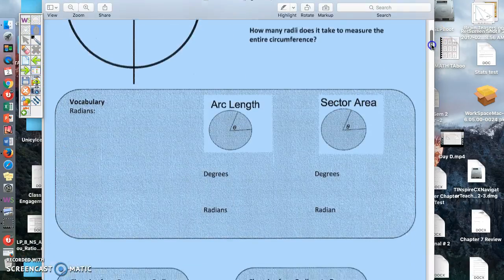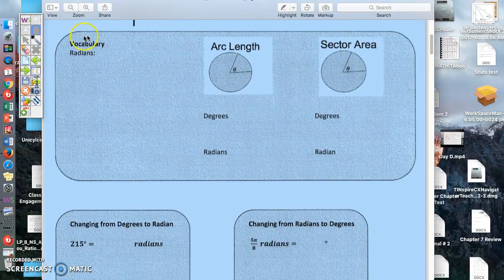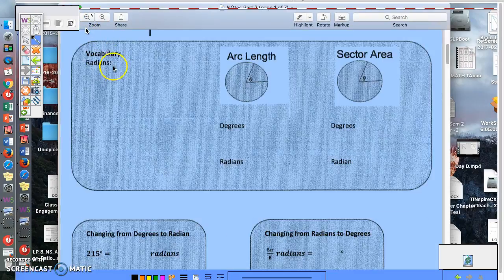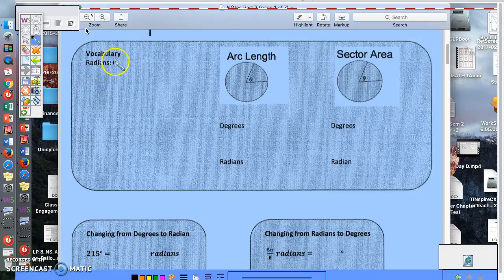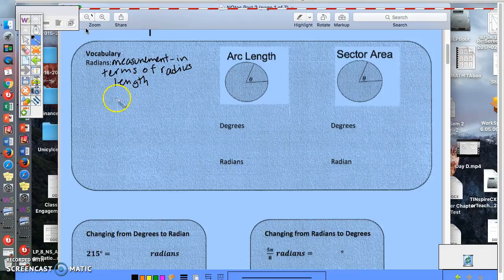So then we started to take a look at what exactly a radian is. It's a measurement in terms of the radius length. One thing here is we said 180 degrees equals pi radians.